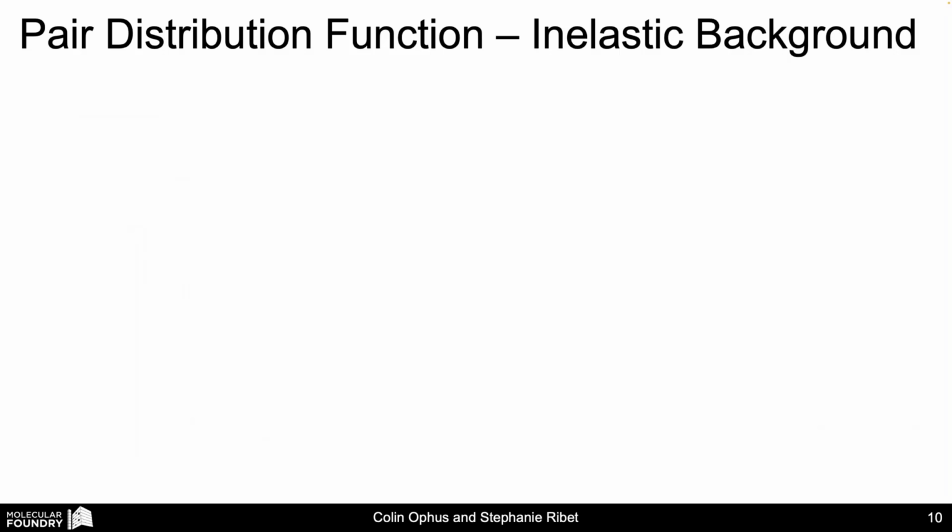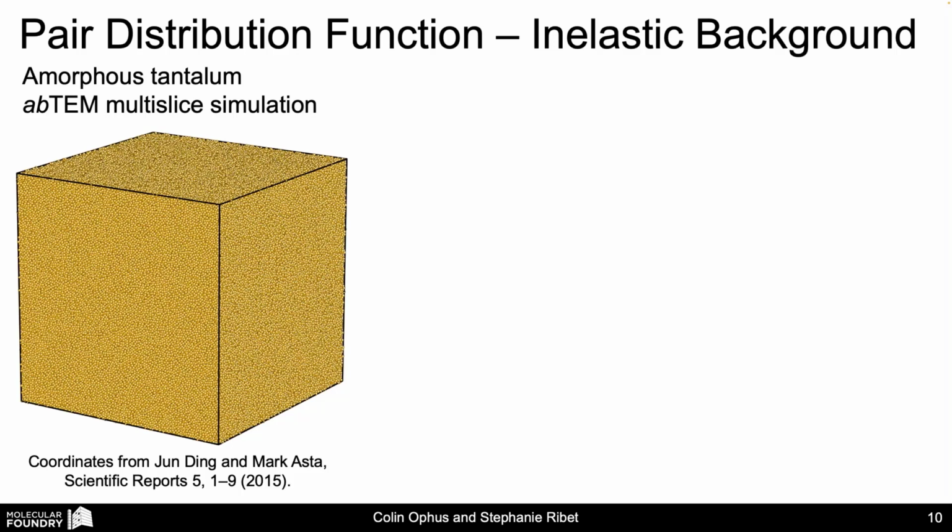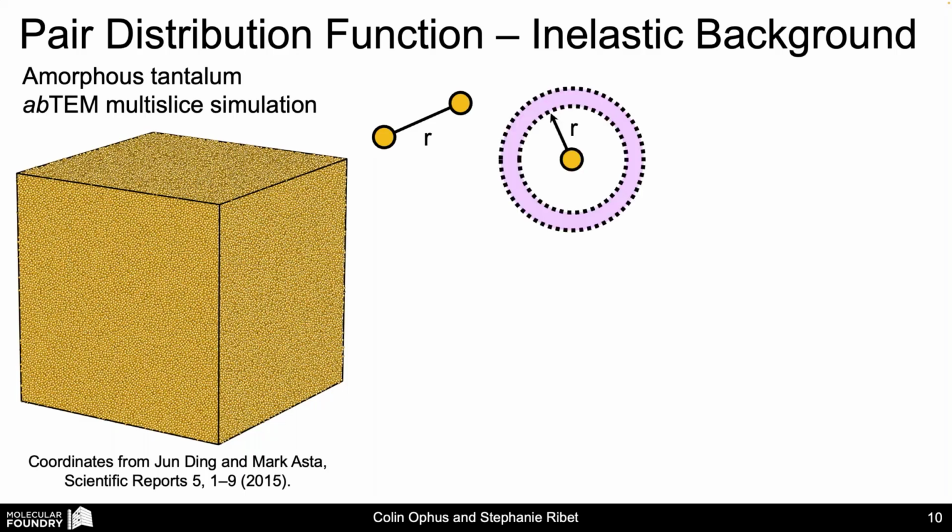So I'm going to give one quick simulated example before I jump into experiments here. This is an amorphous tantalum sample, and we simulated it using abTEM multislice simulations. These coordinates I got from Jun Ding and Mark Asta. And so the way that these amorphous materials are typically characterized, at least on short length scales, is we construct a probability distribution as a function of the bond length between every pair of atoms.